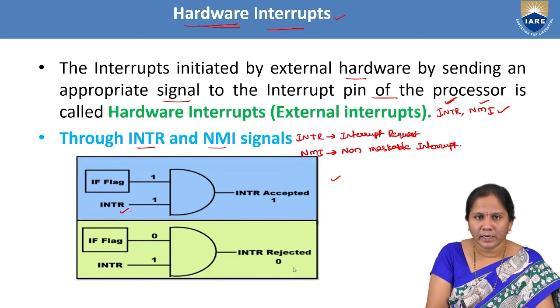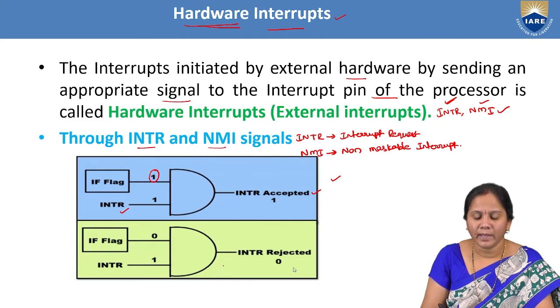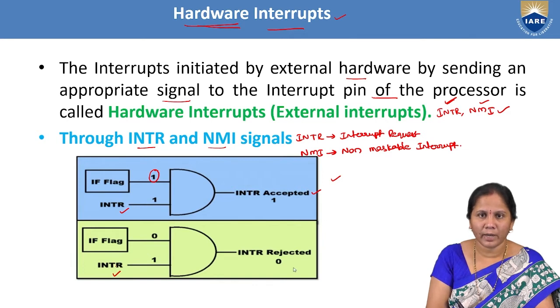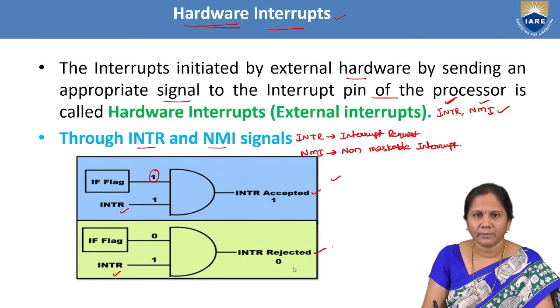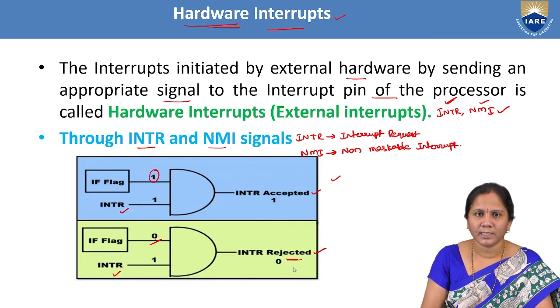That particular interrupt will be accepted by the 8086 microprocessor only when the interrupt flag bit is set. In another case, consider the same interrupt is coming through the INTR signal, and here that particular interrupt will be rejected. Why is this interrupt rejected? In this case, the interrupt flag is not set.